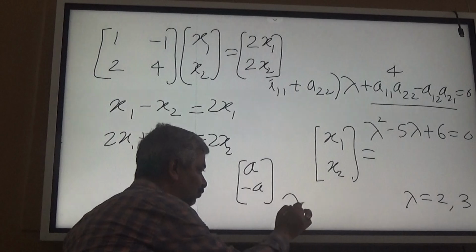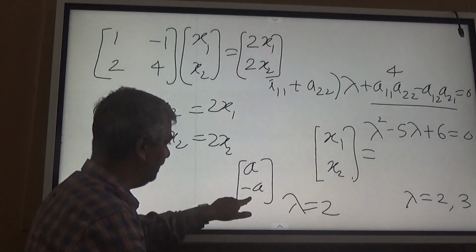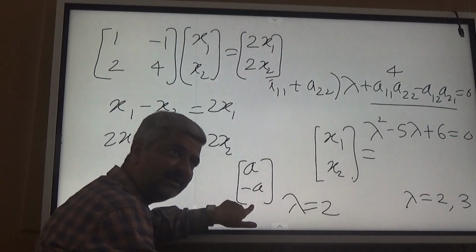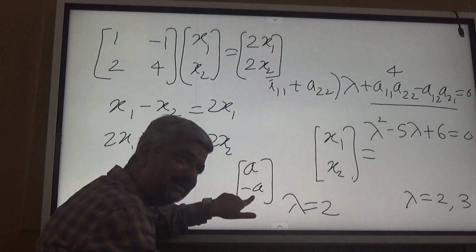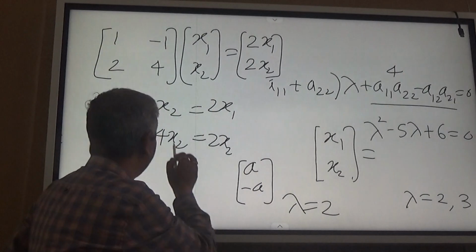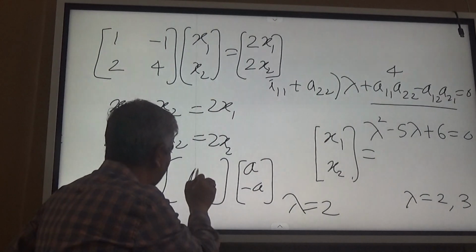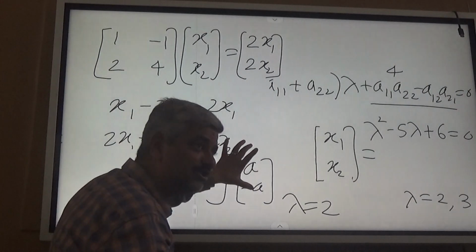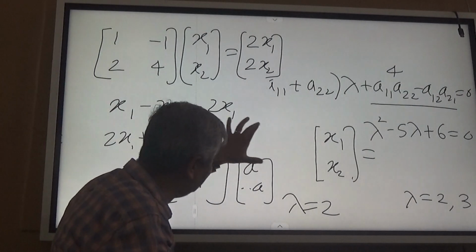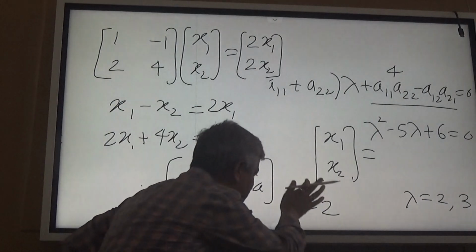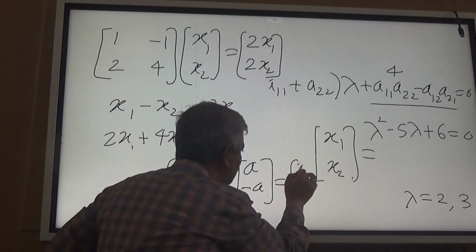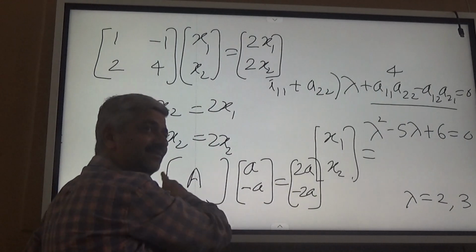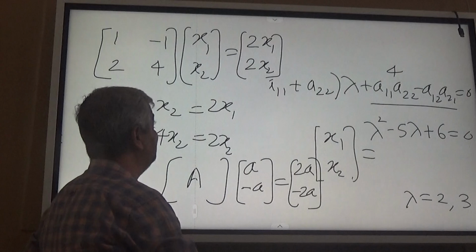For lambda equal to 2, a vector of a, minus a is an eigenvector such that for this matrix A into X, which is of the type a, minus a, this results in 2a, minus 2a. And for lambda equal to 3, what will happen?